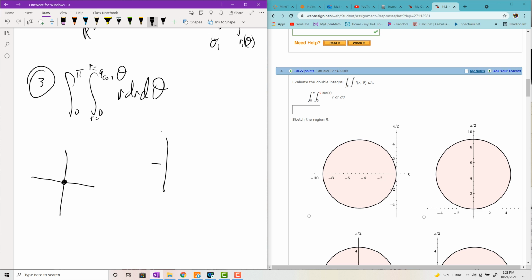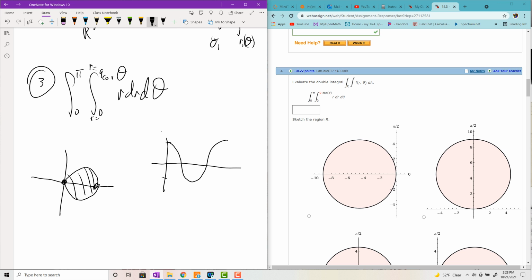Its amplitude is 9. It will start out at 9 on the x-axis, then at pi over 2 it's going to drop to 0, and then from pi over 2 to pi it's going to go back to -9, and you'll get this region.